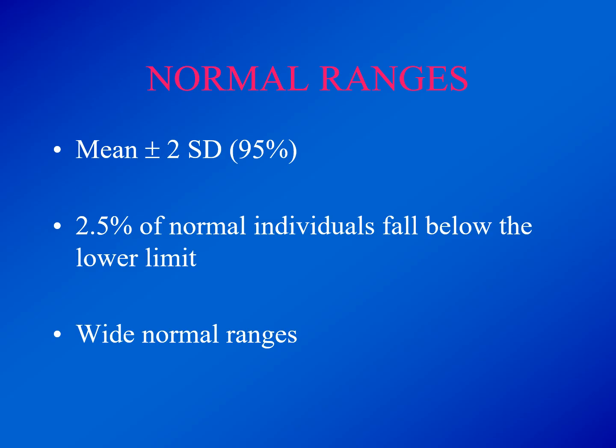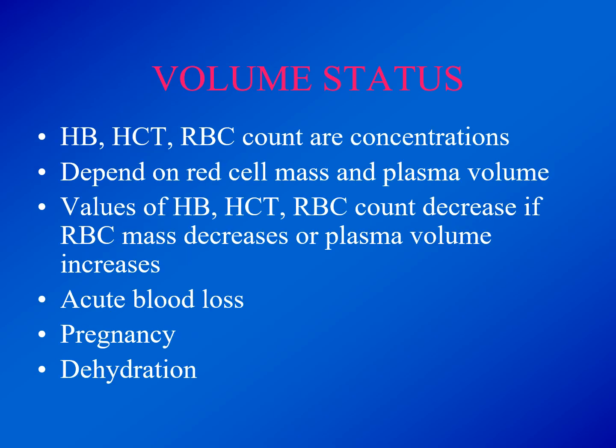So by definition, 2.5% of normal individuals fall below the lower limit. And this is also a wide normal range. So if somebody has a hematocrit that's just below the normal, we shouldn't panic and say this patient is anemic and we have to jump and do all the tests to look out for causes of anemia.